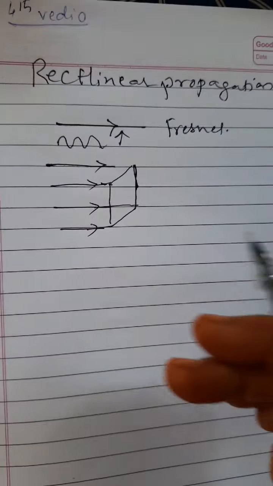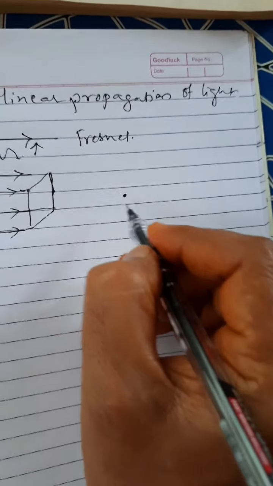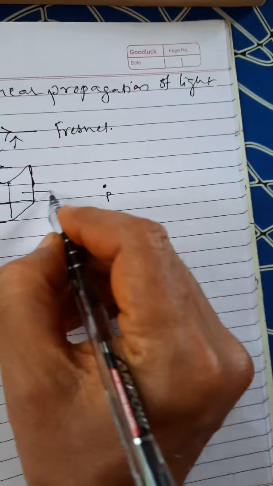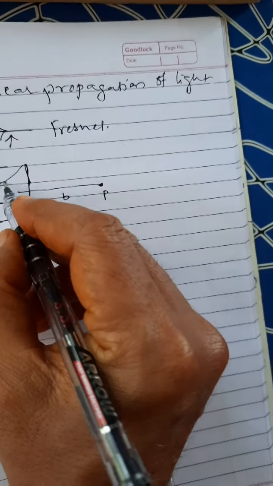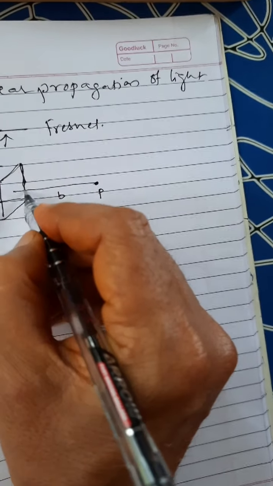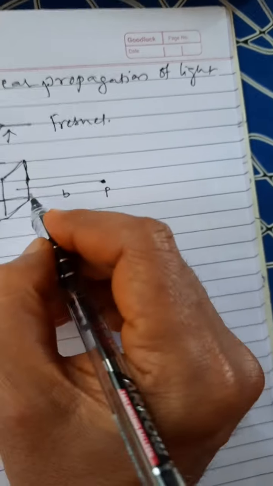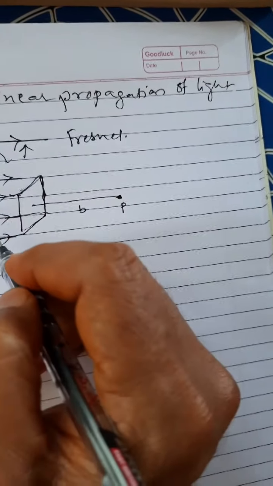So this is the plane wavefront, and we want to know what its effect is at a point P, which is at a distance b from this wavefront.